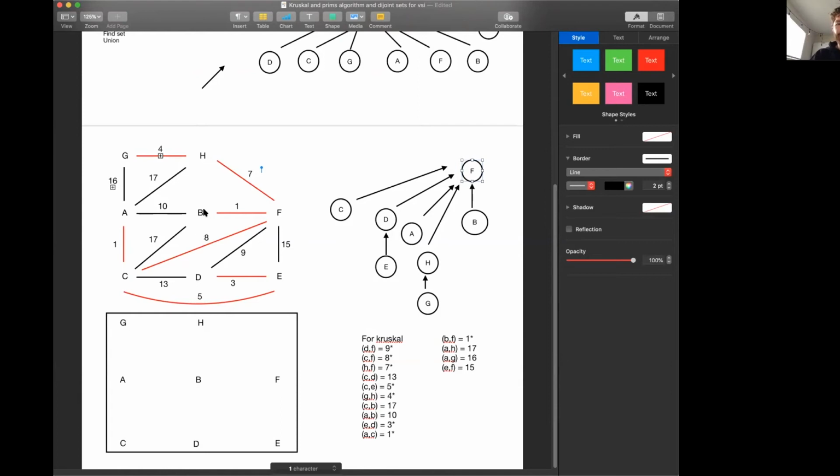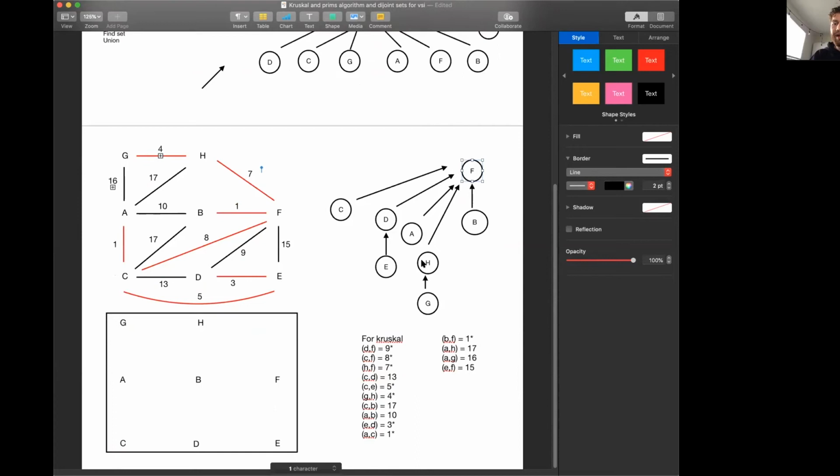The way I can figure it out is, find set on A gave me F, and find set on B gave me F. That means they are in the same disjoint set. I'm not going to call union because it doesn't make sense to call union on two vertices that are in the same disjoint set. It's the same situation that we have here.